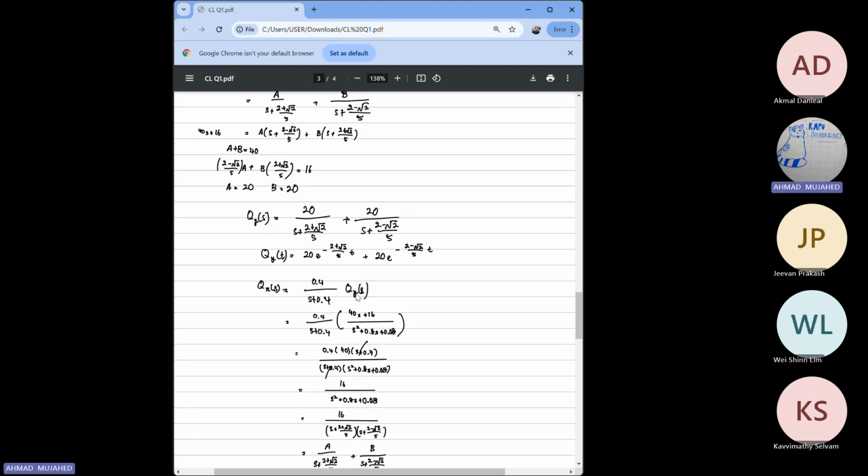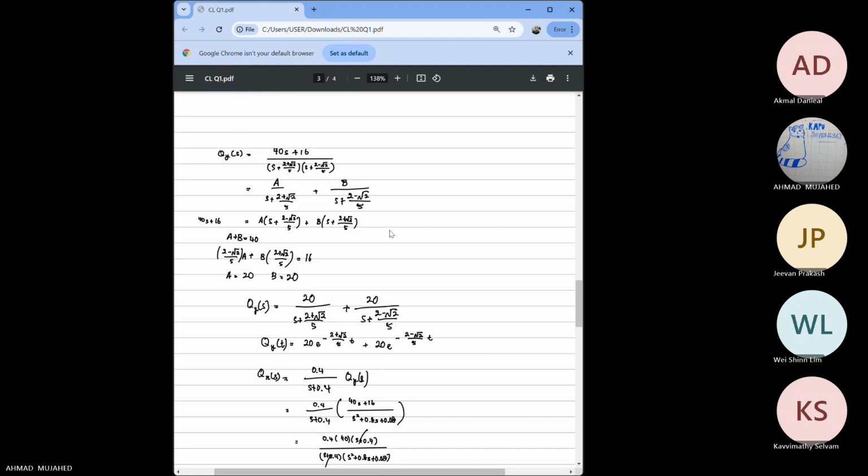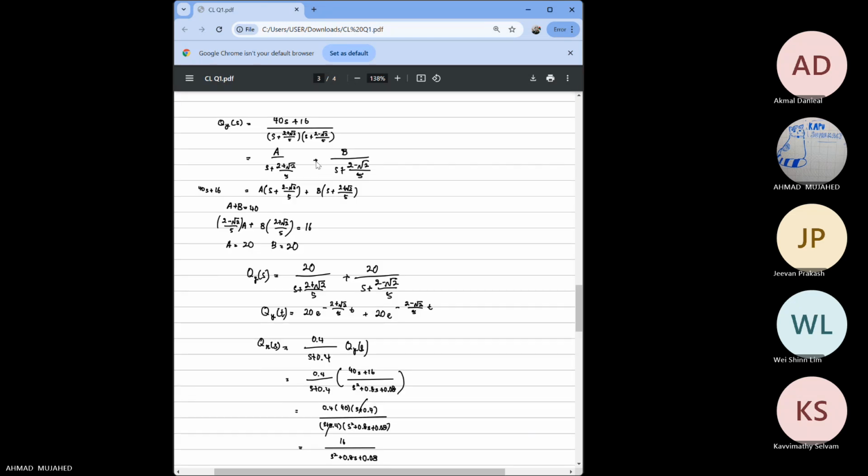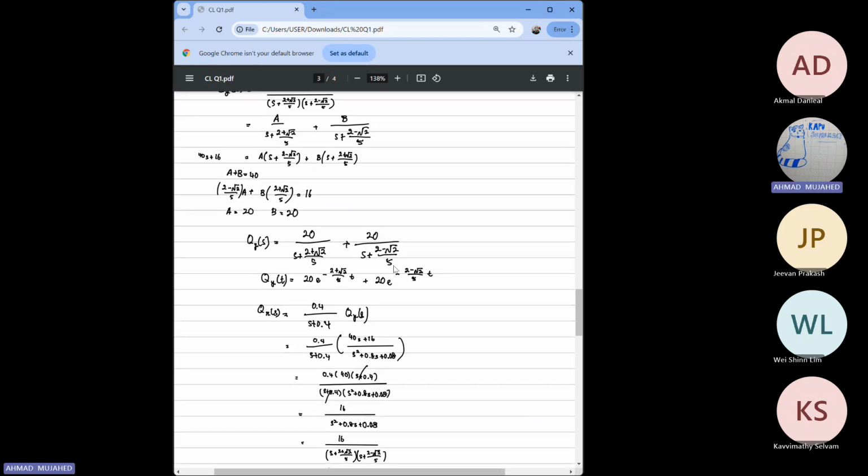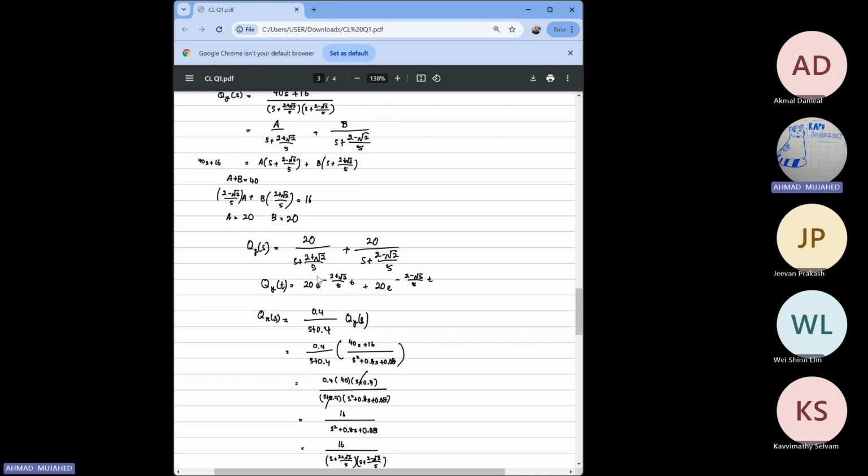The Qy(t) we take from here. Why do we not take it from here? Because the Qy(t) here has epsilon, and here the Qx does not have epsilon. So in order to not make it so confusing, also because here has s. After you simplify Qy, the s is no more. So you put here because there is s.